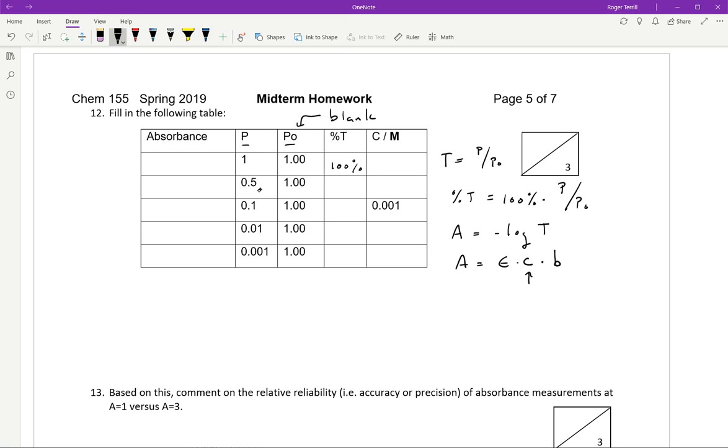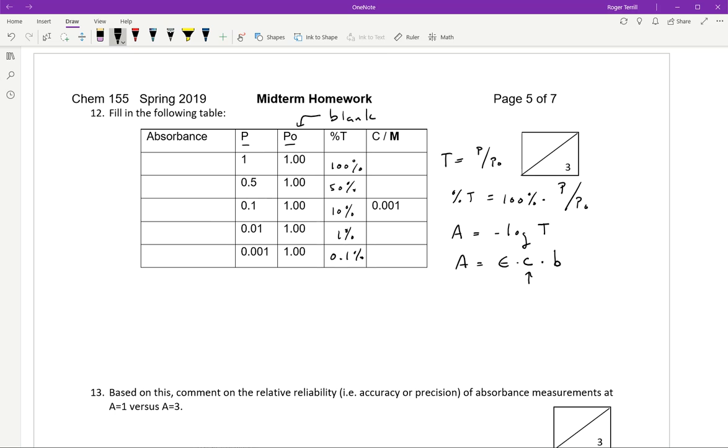Then if we have 0.5 and 1, this is 50%. 0.1 over 1 is 10%, 1%, and 0.1% transmission.